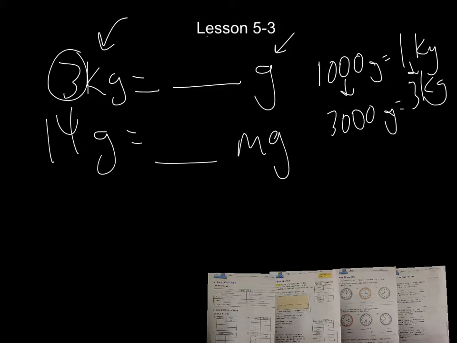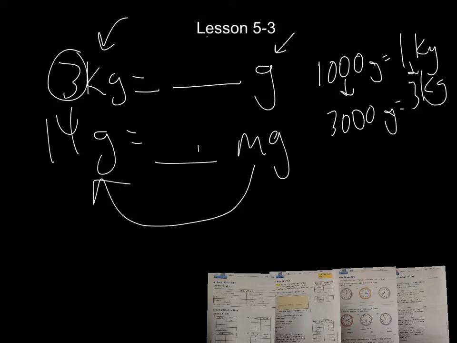Next one is the opposite direction, because we want to know how many milligrams are in 14 grams. I guess it's not the opposite direction, it's just we're going even further down, even smaller. If you remember, the prefix milli would mean 1,000 of.